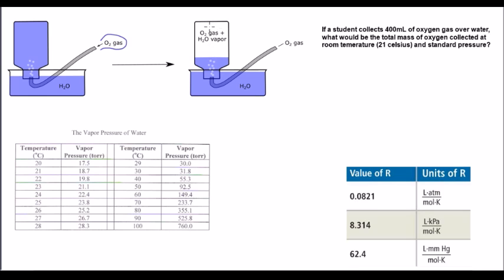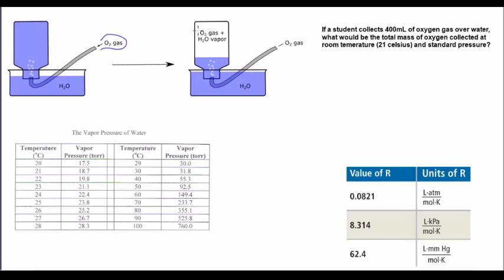Now, the pressure inside of this container would be pretty much the same as the pressure of your room outside, depending on the difference in the water height. So if you know your room pressure, then you can use that pressure for your calculations on the gas inside your container. Now, one issue with collecting a gas over water like this is that water basically produces water vapor.